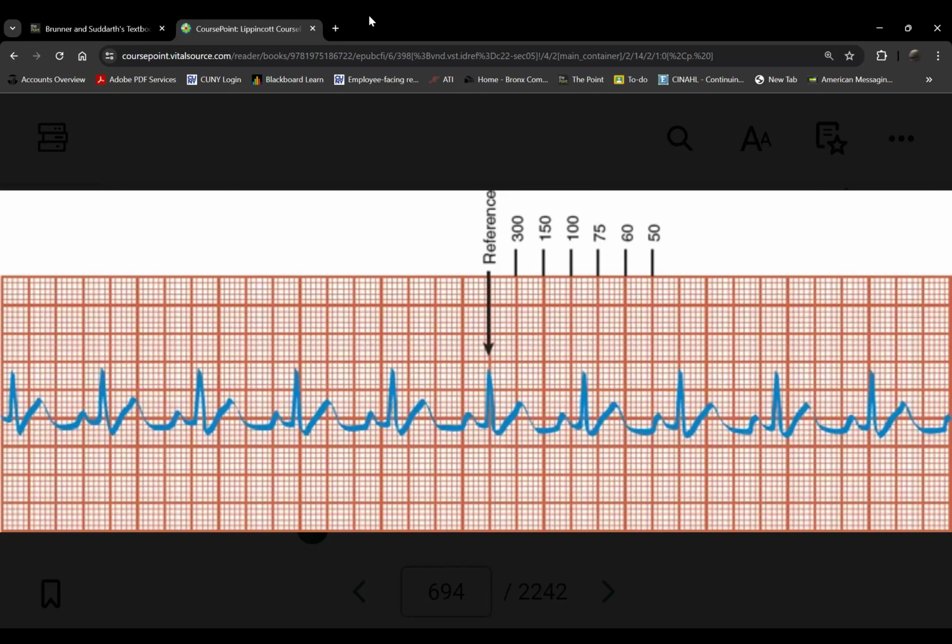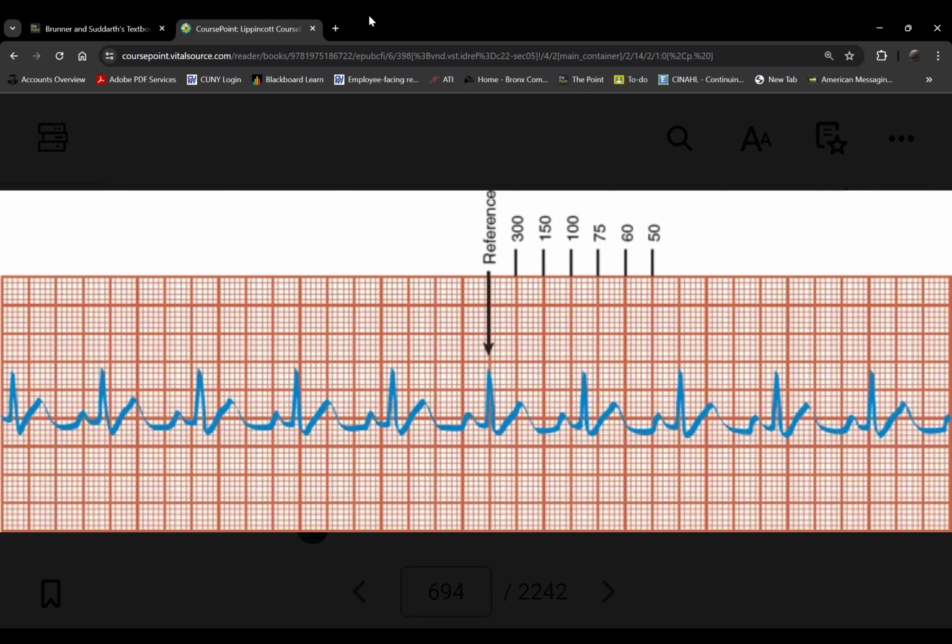Right. So let's count how many heartbeats are in this 6-second strip. Can we count this one? Why not? It's not a complete heartbeat, yeah? This is a complete heartbeat. So 1, 2, 3, 4, 5, 6, 7, 8. Can I count this one? Almost, yeah?